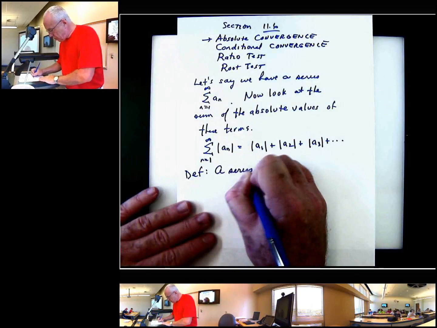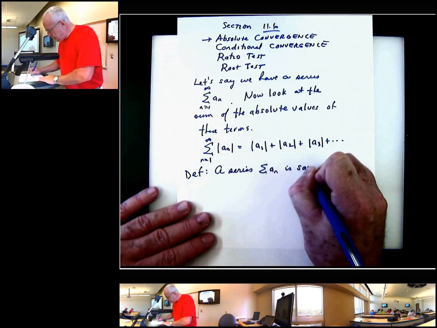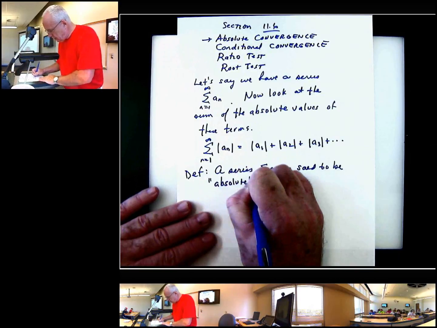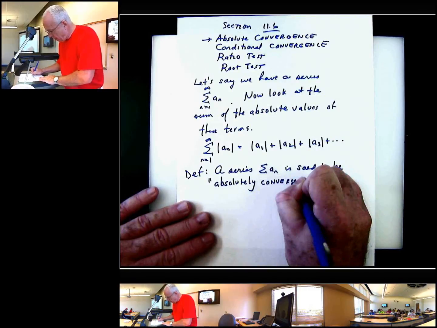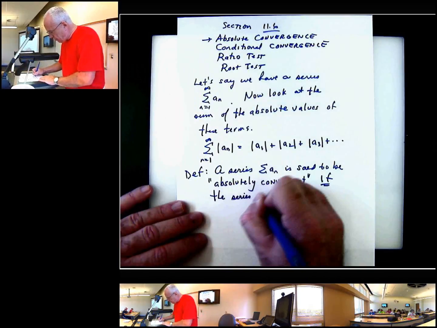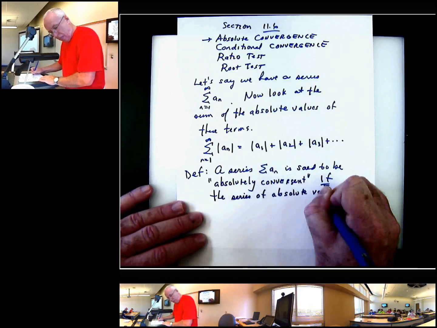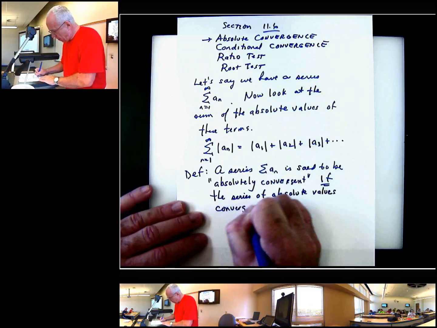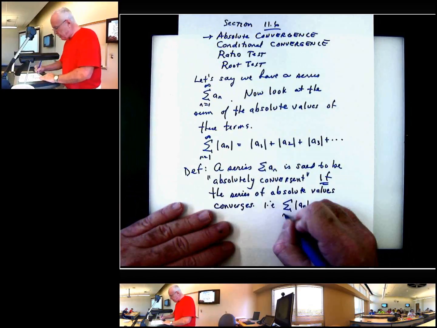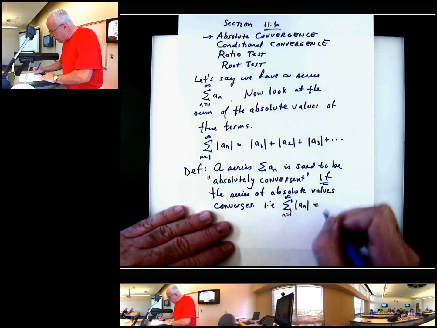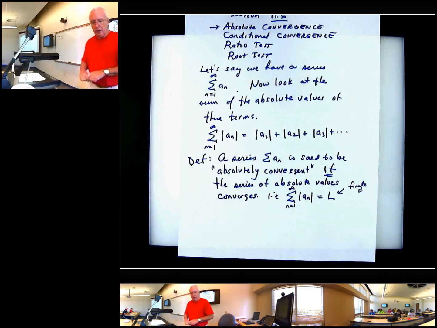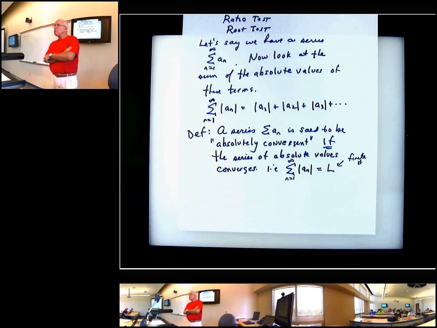A series, the sum of a sub n, is said to be, quote unquote, absolutely convergent if the series of absolute values converges, i.e., the summation of the absolute value of a sub n as n goes from 1 to infinity equals a definite finite number L. So that's what it means to be absolutely convergent.